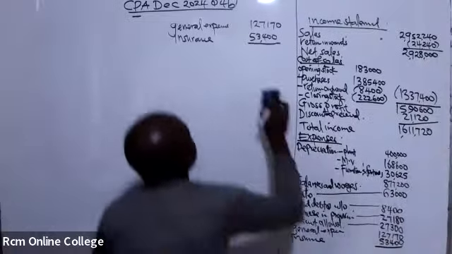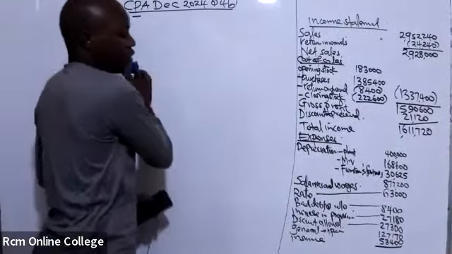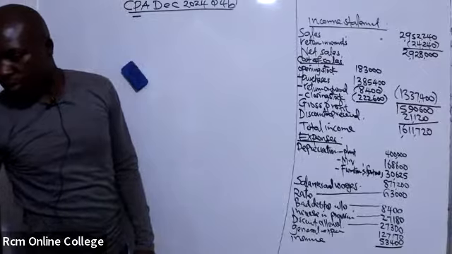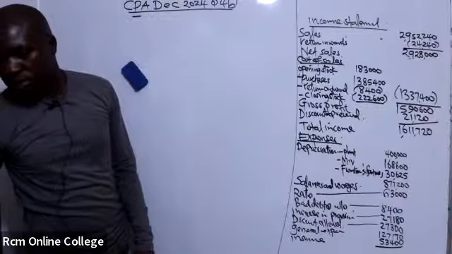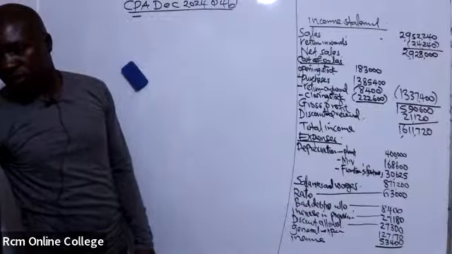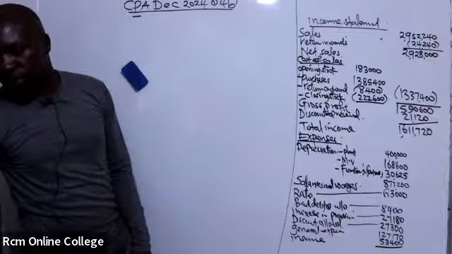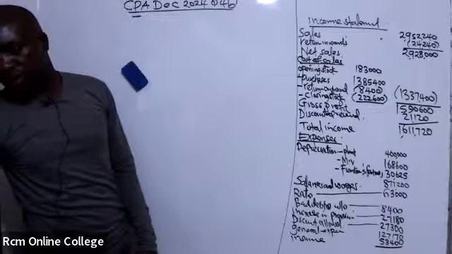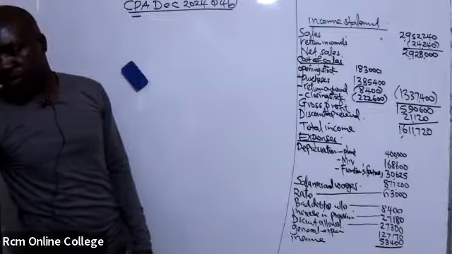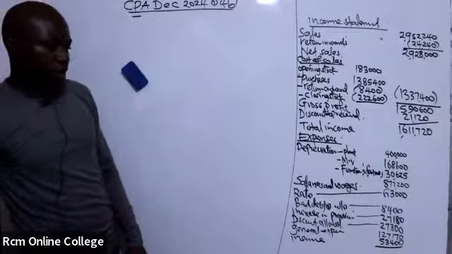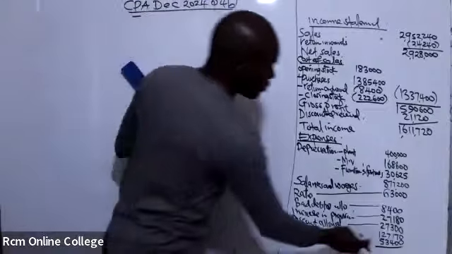What are we getting? All expenses. Somebody should be adding them. 400, 168, 600, 3625, 877,200, 63,000, 8,400, 27,180, 27,300, 127,170, 53,400. So what are we getting in total?